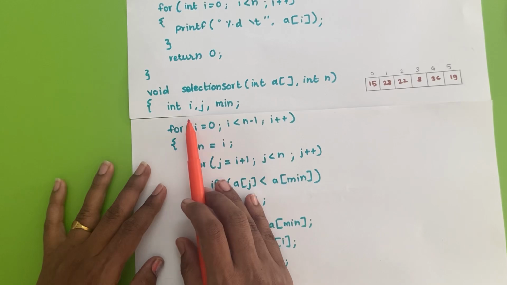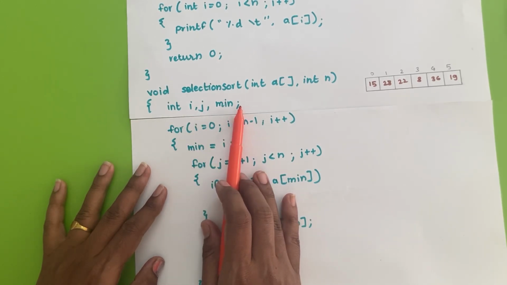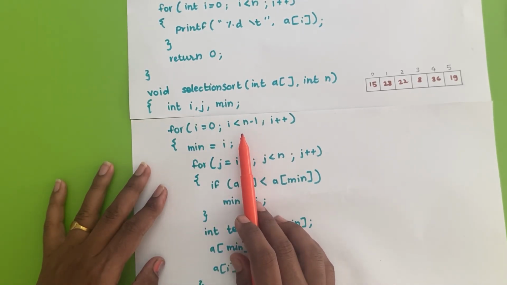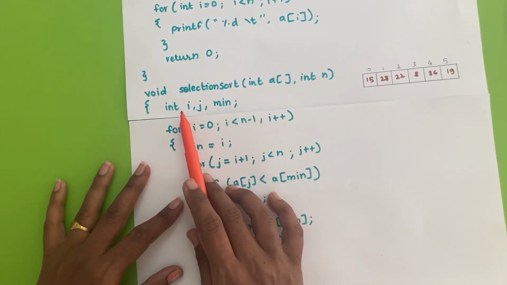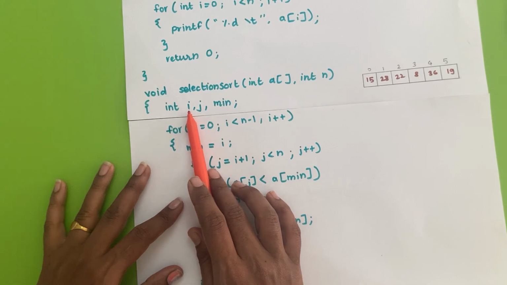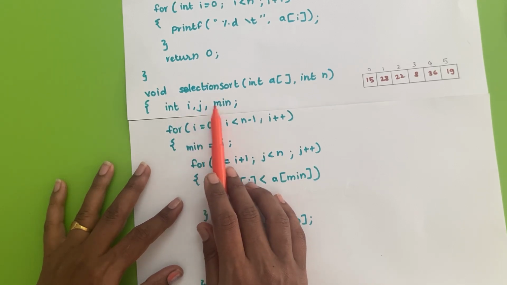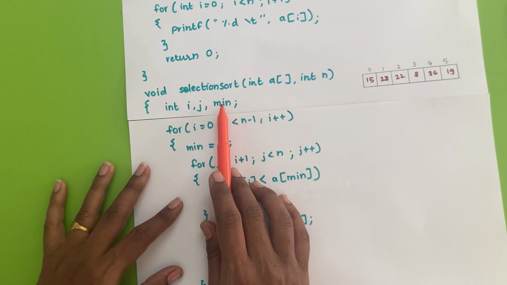Okay, so first we will need to find the smallest element from the given array. So for looping purposes I need variables i and j, and we'll require the index of the smallest element, so that will be represented with the help of variable min.